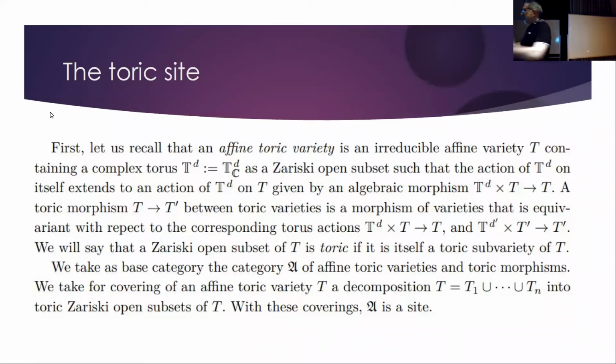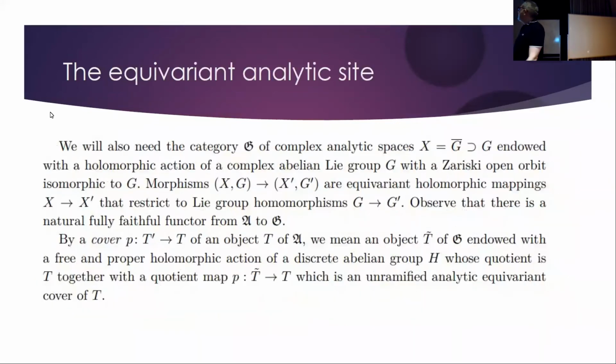We take as the base category for our stacks the category of affine toric varieties and toric morphisms. And we take for coverings of an affine toric variety a decomposition into toric Zariski open subsets. With these coverings, this is the toric site.